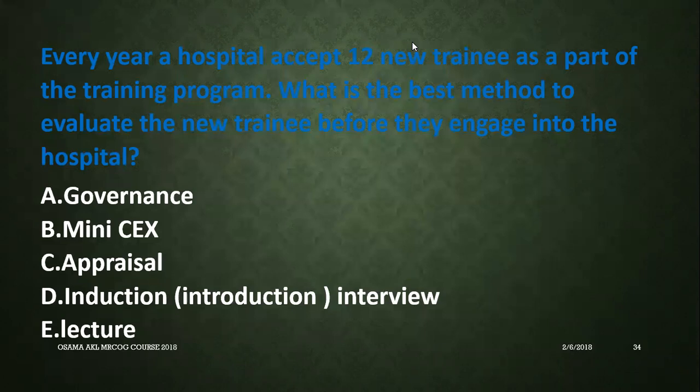You see the question? I will read the question. I am hiding the question now. Somebody else wants to participate? Appraisal?